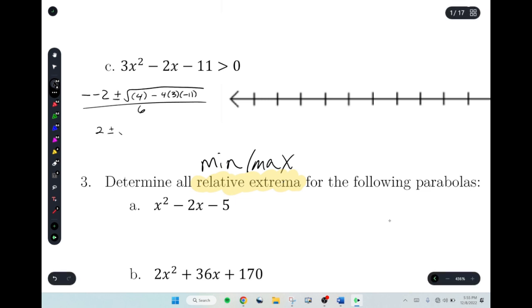Negative b over 2a, yeah, it's 6. Vertex, we should go do that one next. Negative b plus or minus the square root of b squared minus 4ac, all over 2a. Usually a is always 1, so we always just end up doing all over 2.